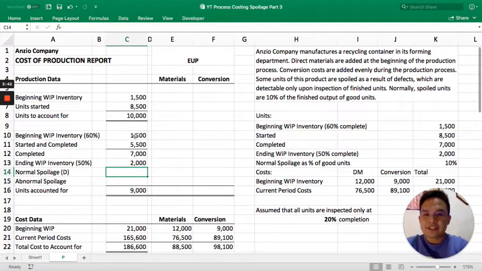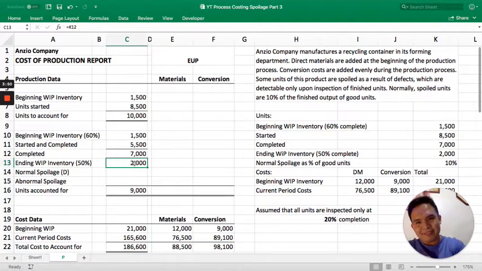Which of this ay dumaan sa inspection point? So, hindi na yung 7,000 lang. First is yung ending. The ending inventory is currently at 50%. So, ito, pumasa na ba to sa inspection point? The answer is yes, because the inspection point is 20%. So, therefore, kasama siya sa count because it's 10% of the units that pass the inspection point. So, kasali to sa units na pass the inspection point.